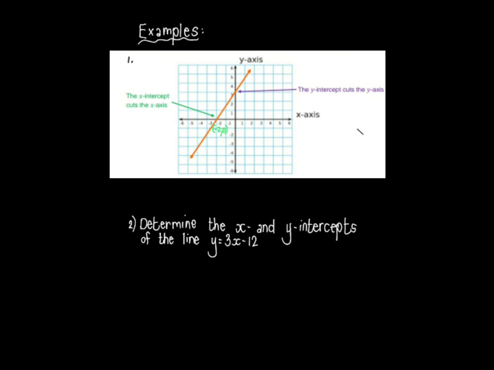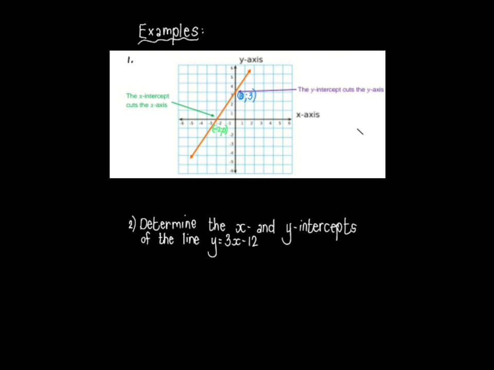And then for the y-intercept, it is the point on the y-axis where the graph, this straight line graph, cuts or crosses the y-axis. That would be the coordinate, let me use blue, (0, 3) for the y-intercept.